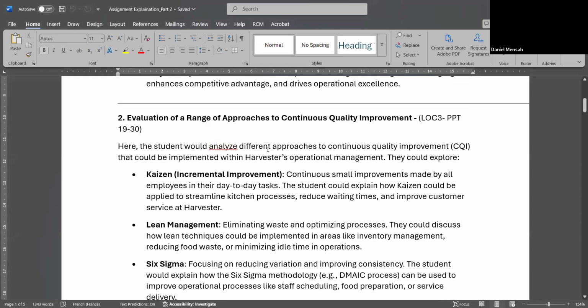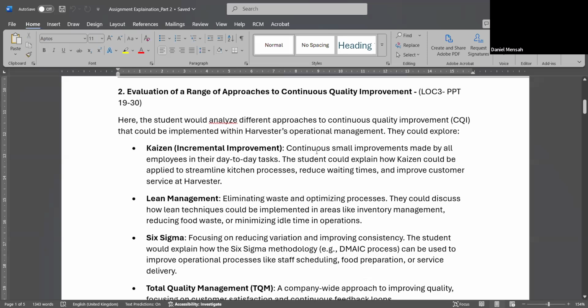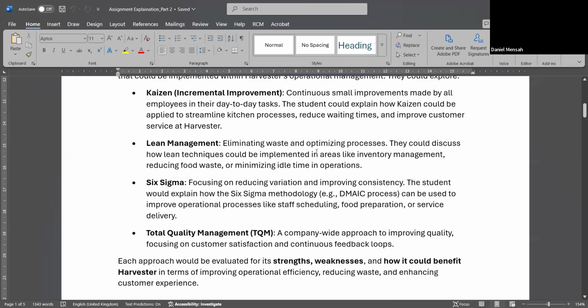You will analyze those approaches to continuous quality improvement that could be implemented within Harvester's operations management. You need to relate which of those techniques can be utilized in Harvester's operations management, because this is the restaurant industry. So you need to see which techniques are compatible there, and you will be using those techniques.